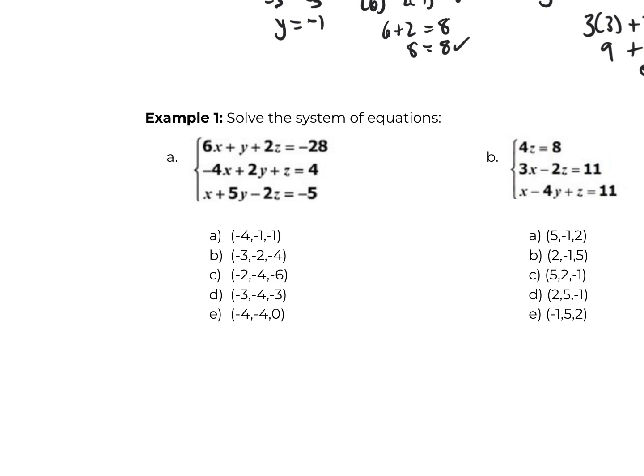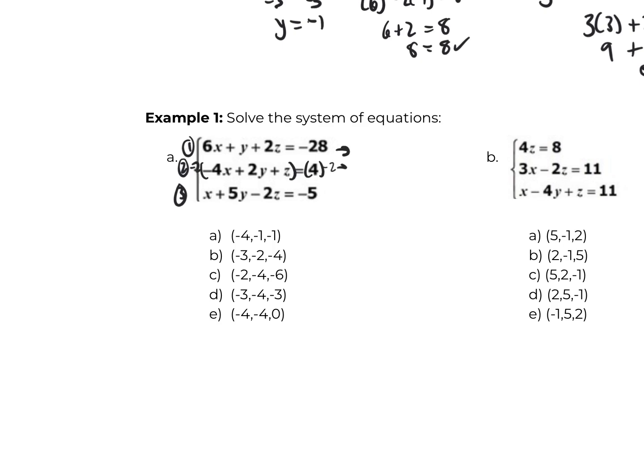And I think the easiest one is going to be the z's, looking at these. If you look only at equations 1 and 2, I can create an opposite pair of z's by multiplying equation 2 by negative 2.